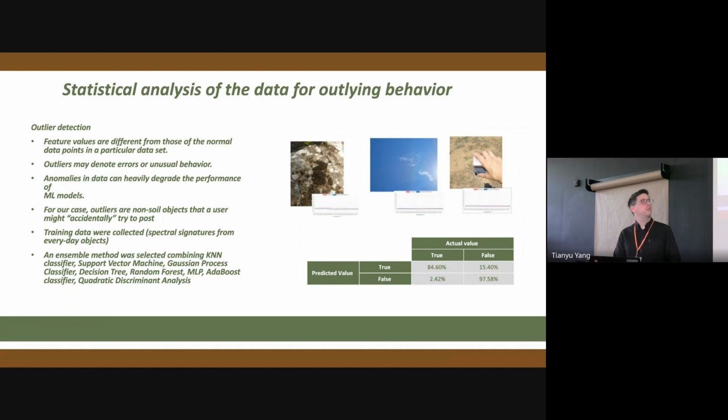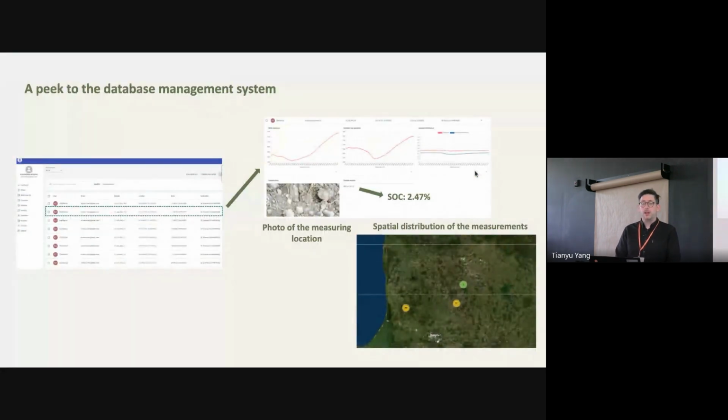I mean, if someone measured a different material or the air, or used it improperly. And we trained this classifier with many different objects and many different misusage scenarios. And the classifier had a very nice accuracy. So this is how we try to prevent populating our database with bad quality information.